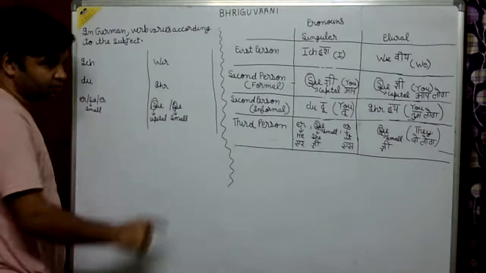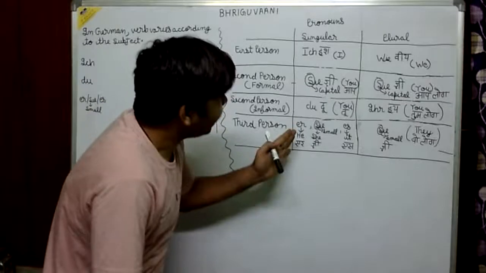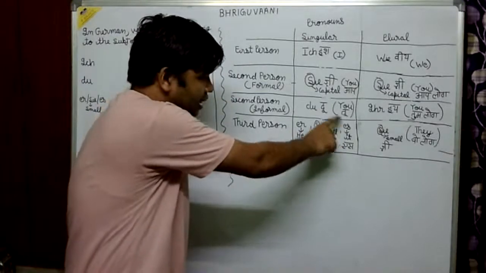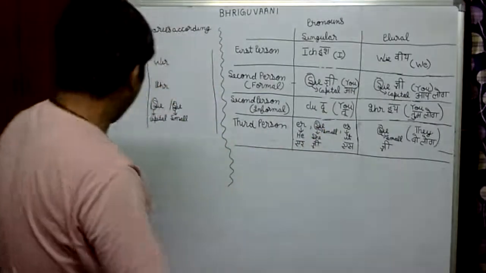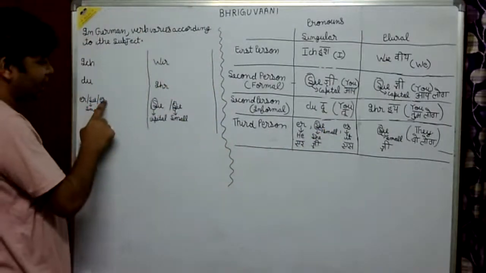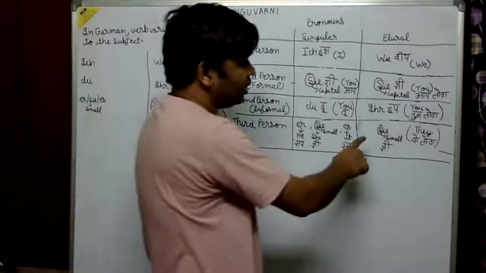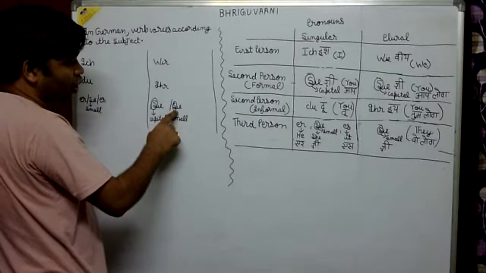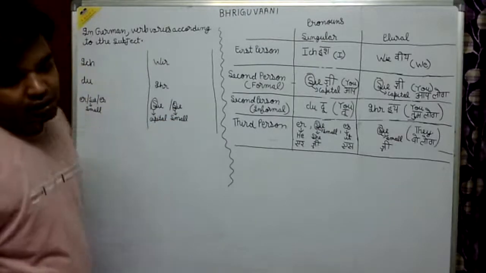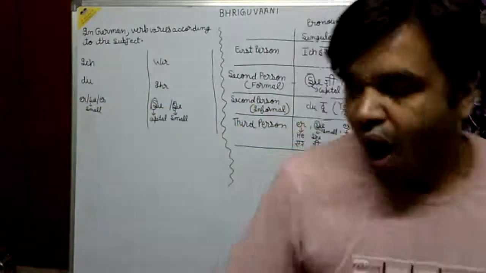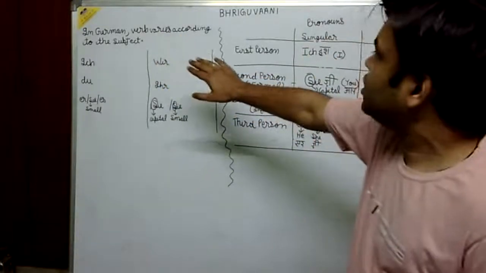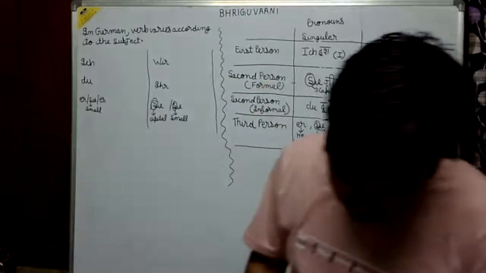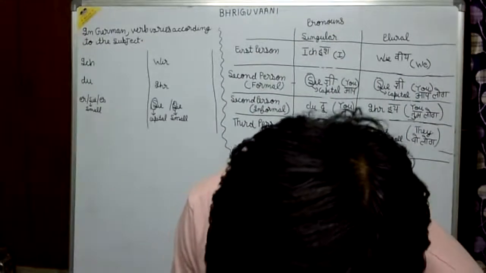I have also written er, sie, es, and sie where s is small. Now look how the verb is going to change in each of these cases.